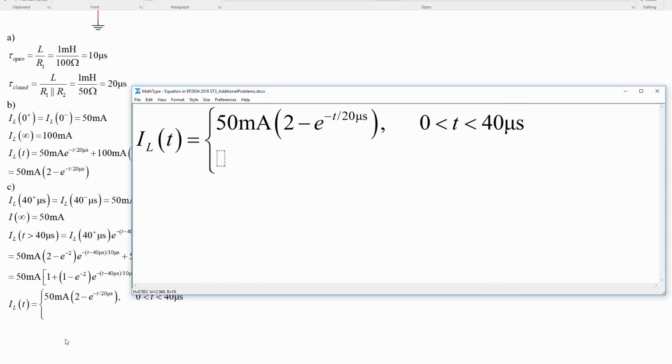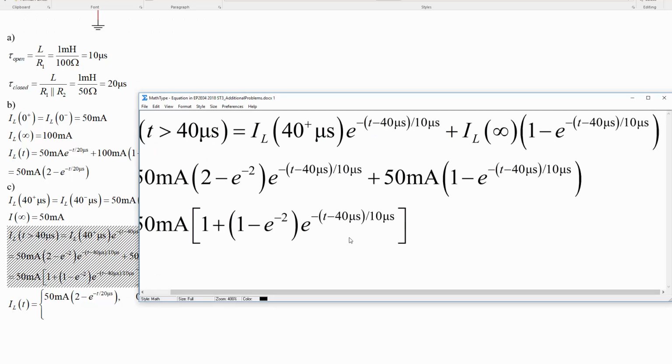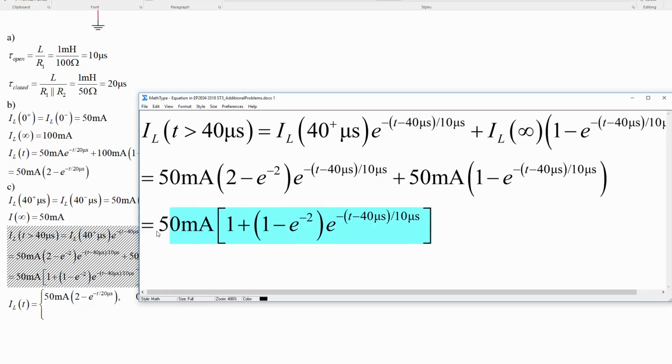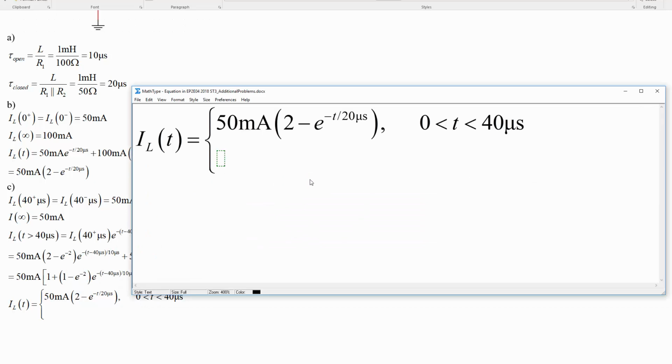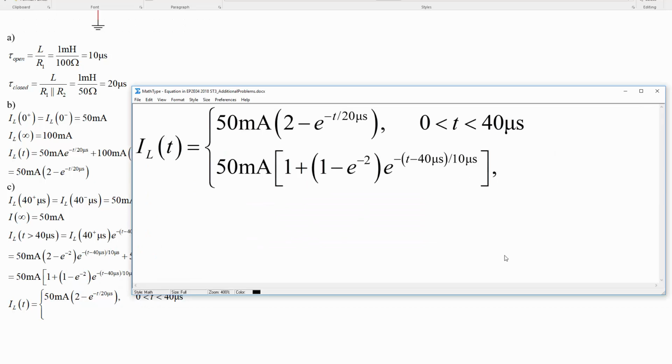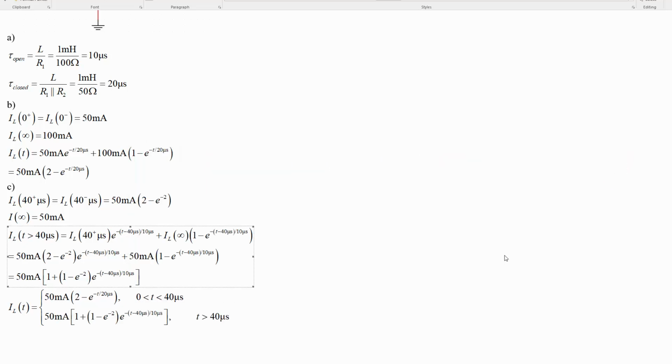And it's equal to this second expression as long as t is greater than 40 microseconds. Okay, and now we can check that this actually worked.